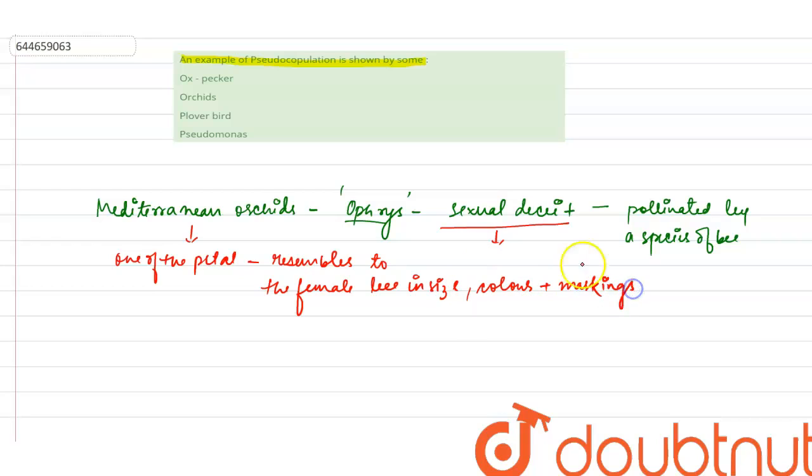What happens? One of the petals of this flower bears an uncanny resemblance to the female bee in size, color, and markings. Now, the male bee perceives it as a female.